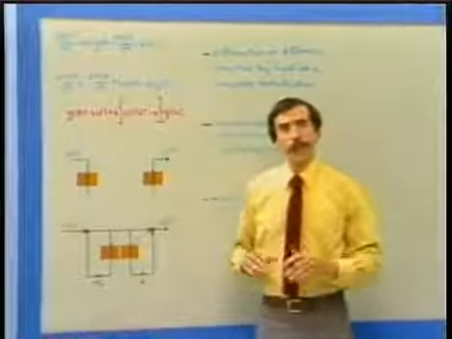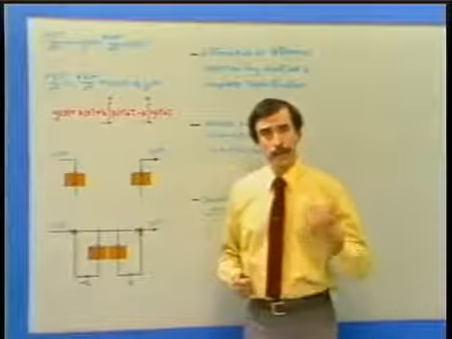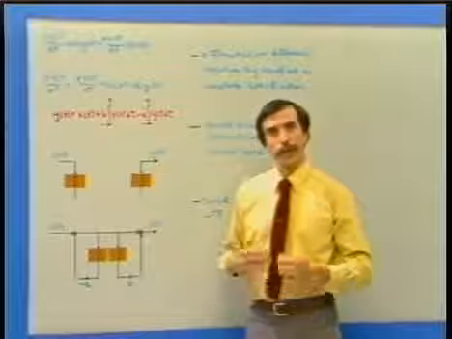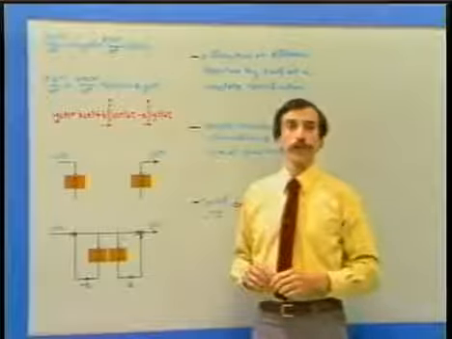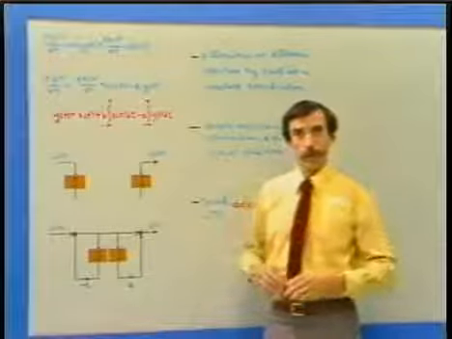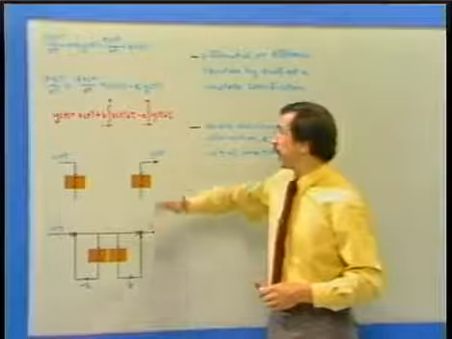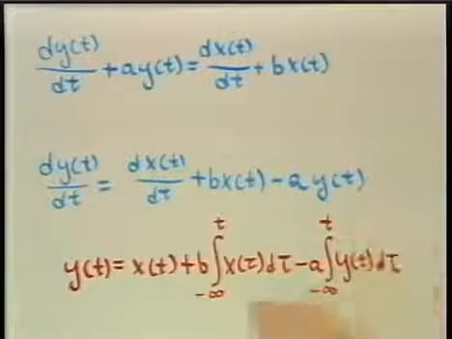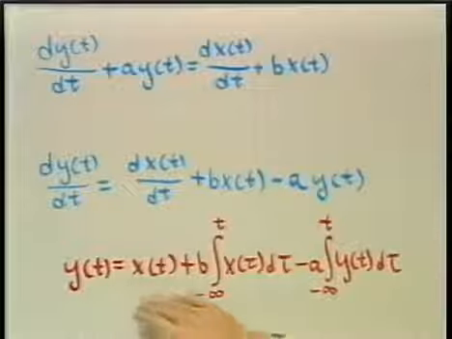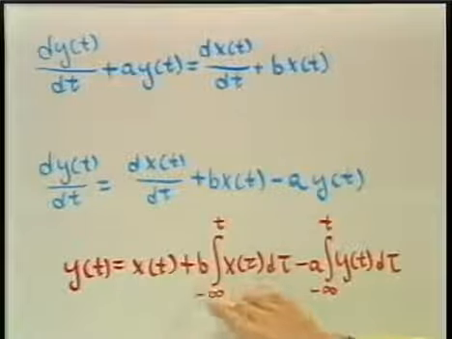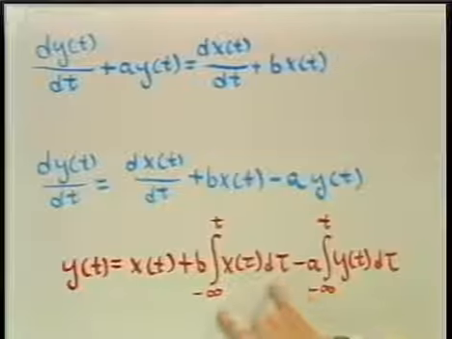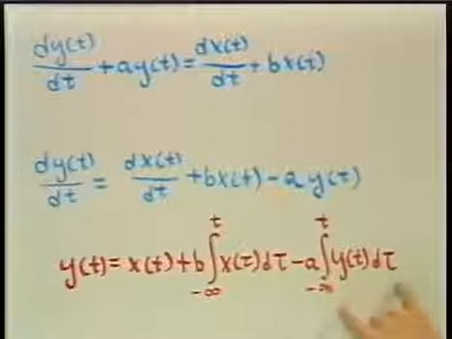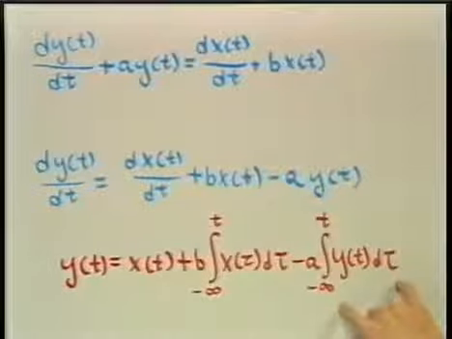Next, we integrate both sides of the equation so that when we're done, we end up with, on the left side of the equation, y of t, on the right side of the equation with the appropriate number of integrations. And so the integral equation that we'll get is, for this example, y of t, the output, is x of t plus b, the scale factor times the integral of the input, and minus a, that scale factor times the integral of the output.